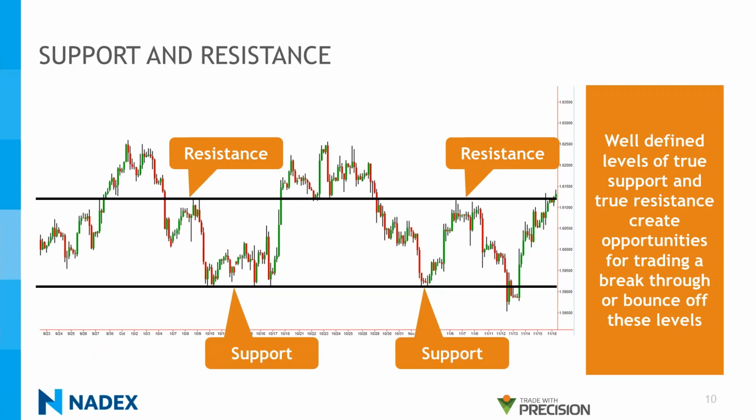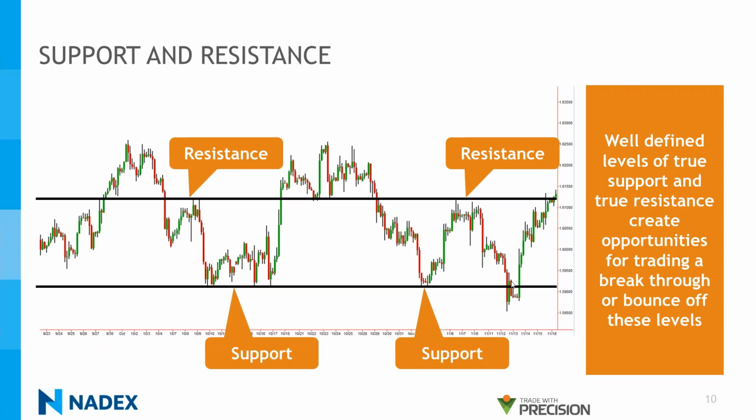We have multiple touches establishing our true support and our true resistance levels. You'll notice that we're in a consolidation here, or a sideways market, and the price action is moving steadily into these support and resistance levels until the price action then retests a previous level, and then that level responds in the opposing fashion.